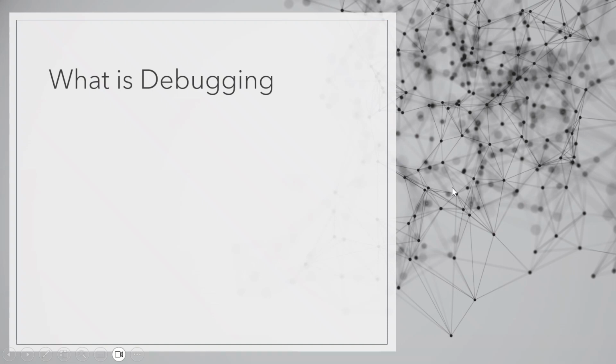So, what is debugging? If you are a developer, you must have debugged your code at some point or the other. You may be using an IDE like Visual Studio or maybe something else.